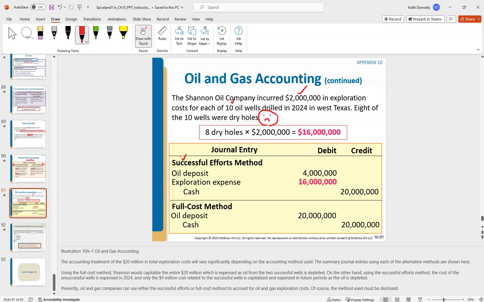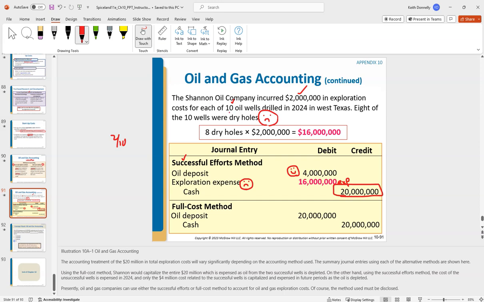So under the successful efforts method, the sad face, where we didn't find any oil or gas or gold, we're going to expense. However, the happy face, where at least 2 of the 10 we did get some gold or oil and gas, we'll capitalize. So we spent 20 million.